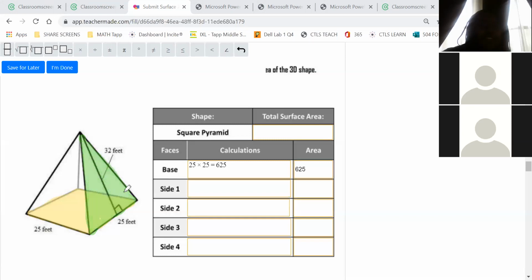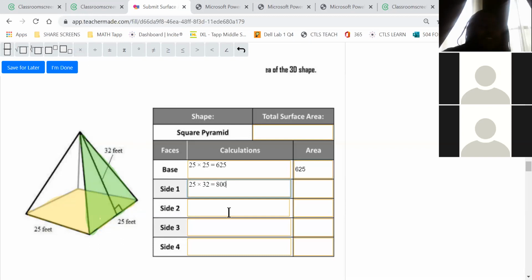All right, so it's a light green. And I see that the base of my triangle is 25. All right. And I see that the height is 32. So 25 times 32 is equal to 800. But we're not done yet. We did the base times the height.